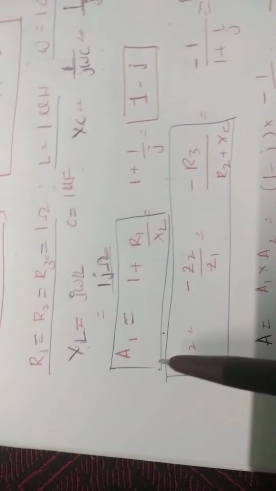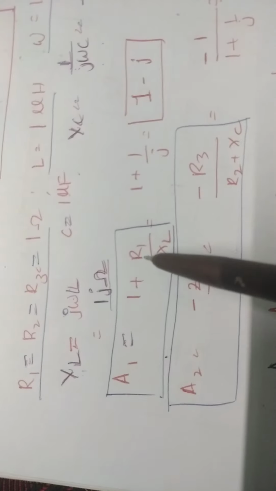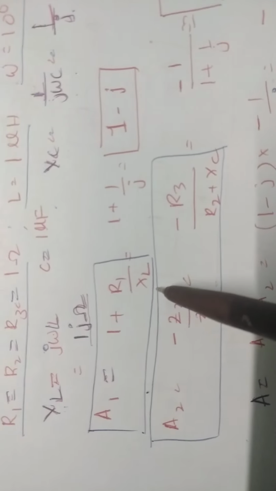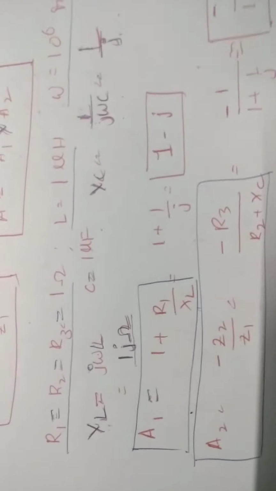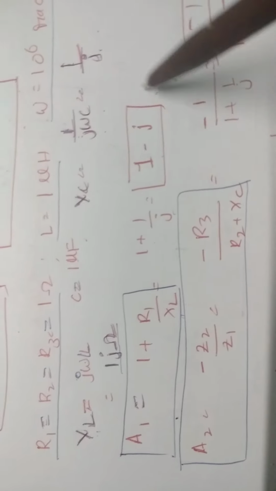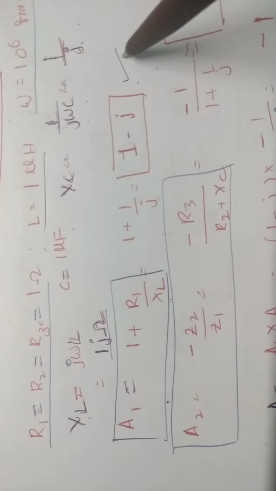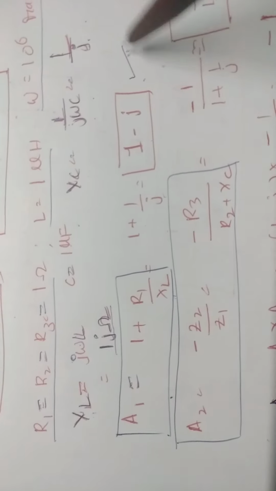From the first circuit, A1 is equal to 1 plus Z2 by Z1. Z2 is R1 and Z1 is XL, the inductive reactance. So 1 plus 1 by j, that is 1 minus j, is the non-inverting amplifier gain of the first circuit, that is A1.